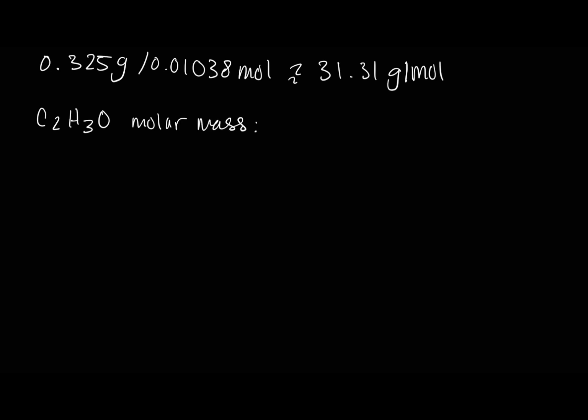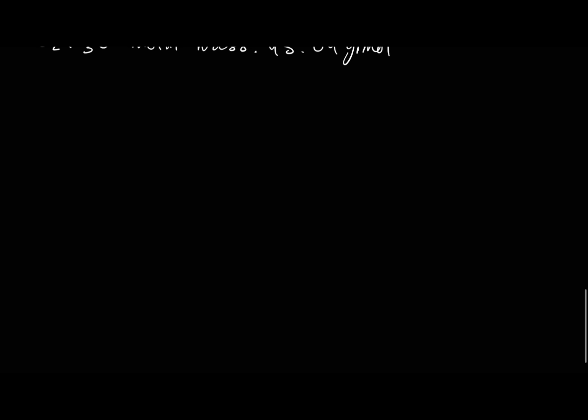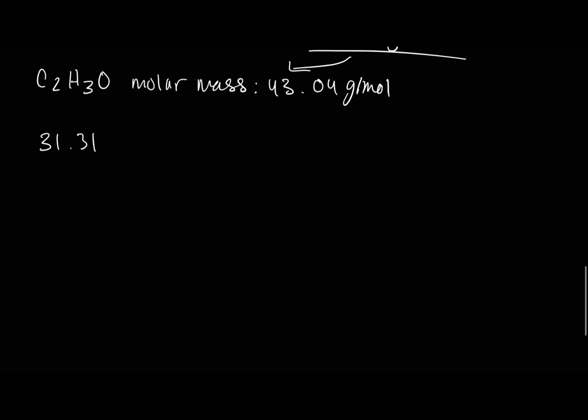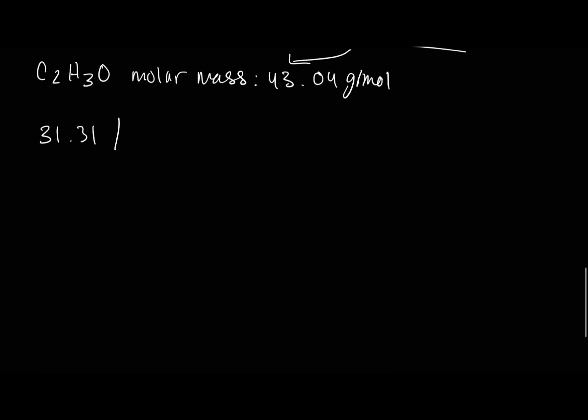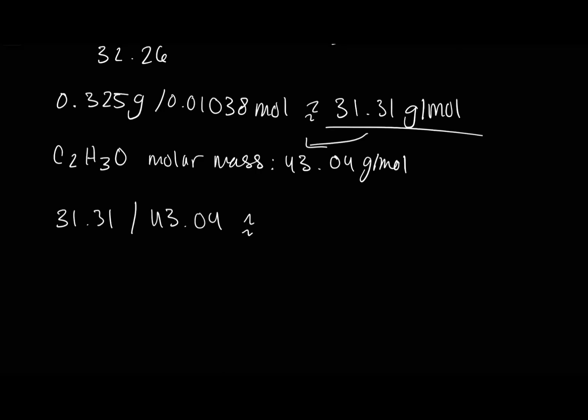But I already know it on here, and it is 43.04 grams per mole. So we are going to divide this by this. So 31 divided by 43.04, well, it leaves us with 0.719.